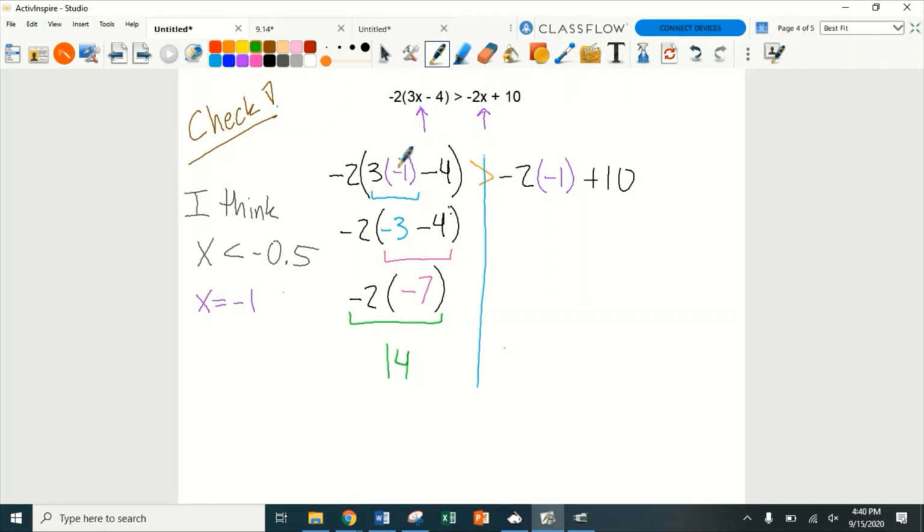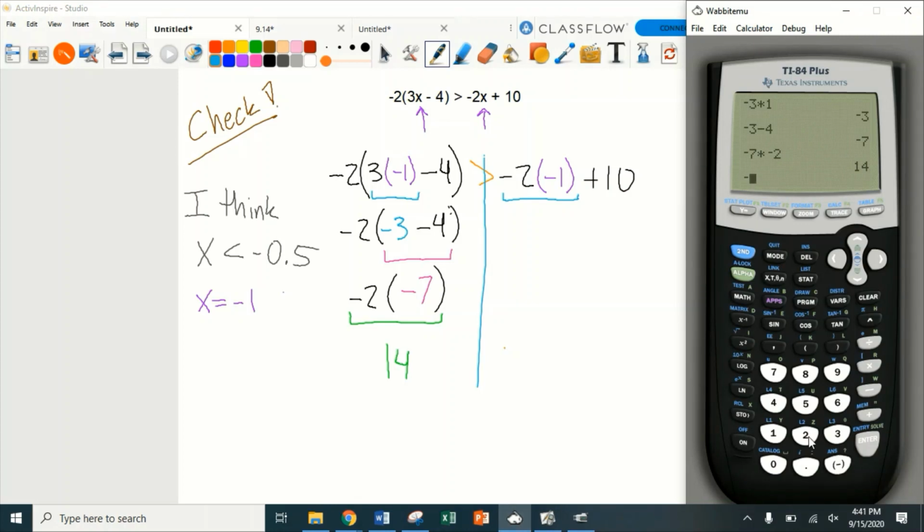I've finished simplifying the left side, so now I'm going to jump over here to the right, and I'm going to do the same thing. First up, I'm going to multiply -2 times -1. That gives me a positive 2.